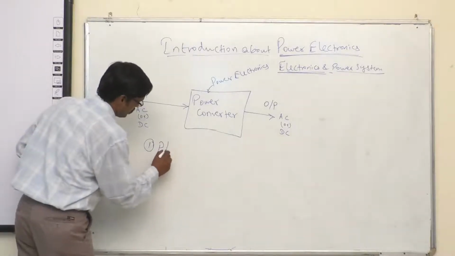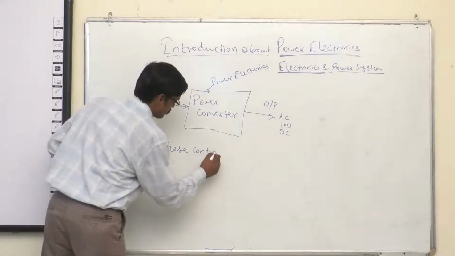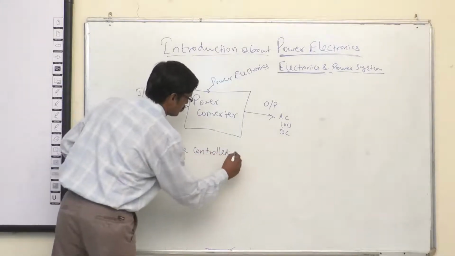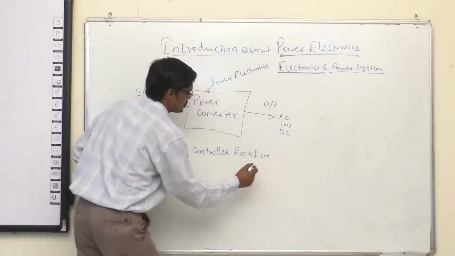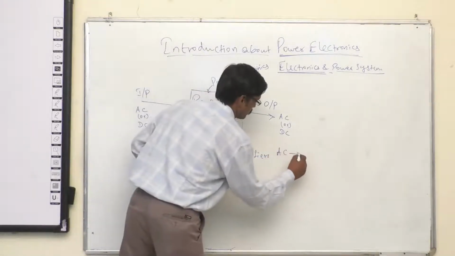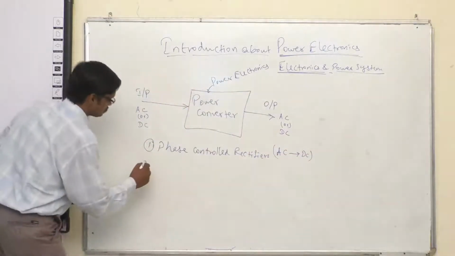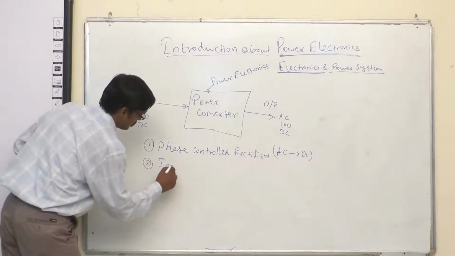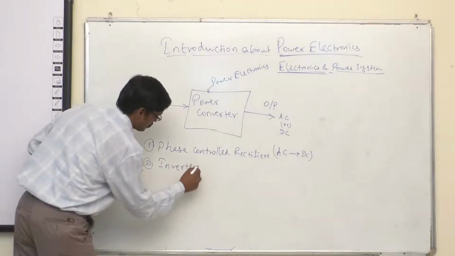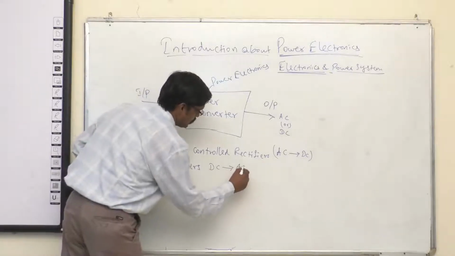One is called phase controlled rectifiers, which convert AC into DC. Then inverters, which convert DC supply into AC supply.